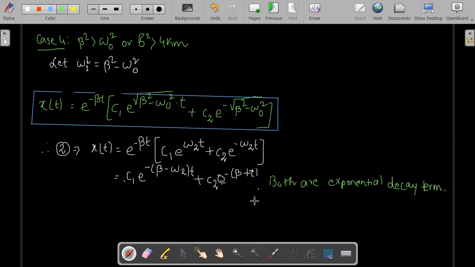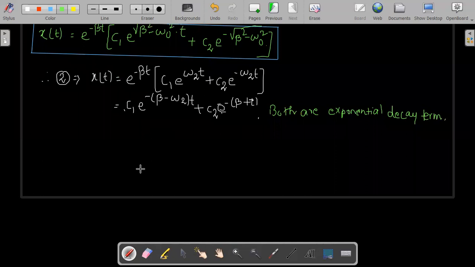Both are exponential decay terms. Now, obviously, this one I think I've written wrong. Let me write it correctly. This is beta plus omega 2 into t.